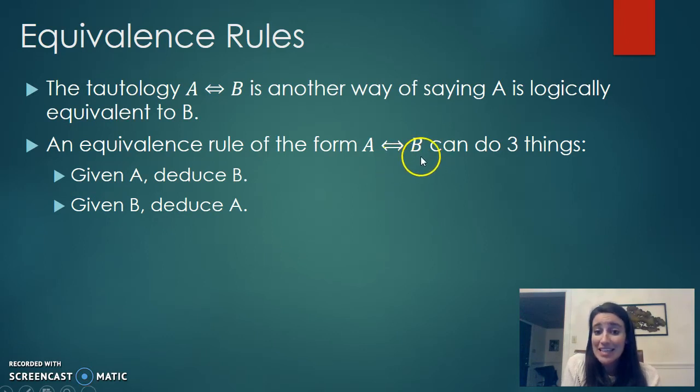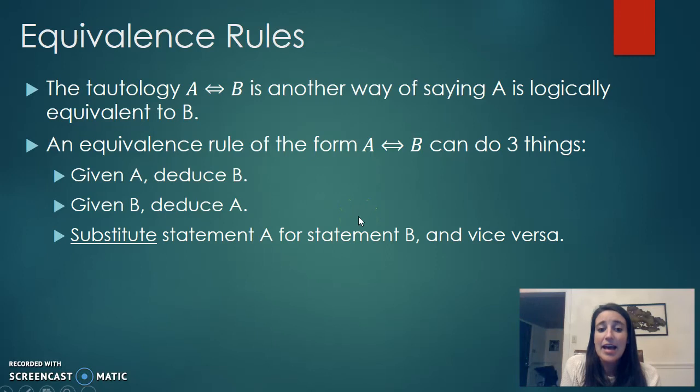We can also, given B, deduce A. That reads this if and only if statement from right to left. And third, because A is logically equivalent to B, we can substitute statement A for statement B and vice versa.